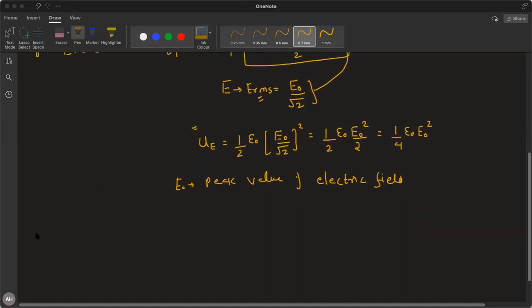So that was electric energy density. What should be the next type of energy density in an electromagnetic wave?